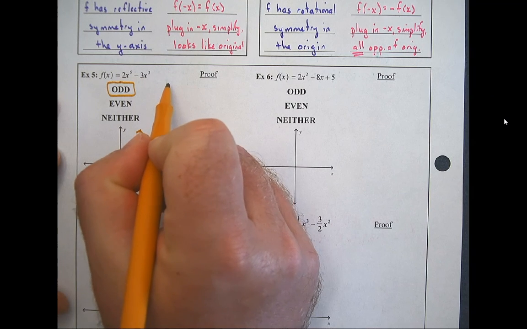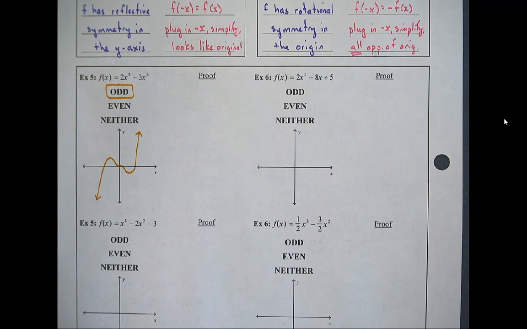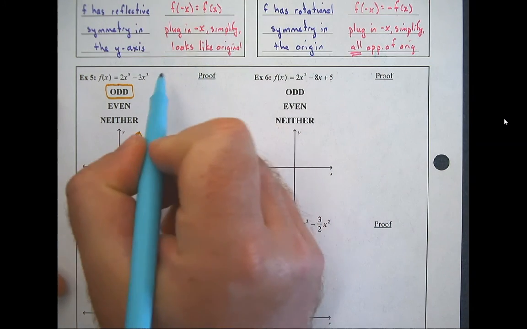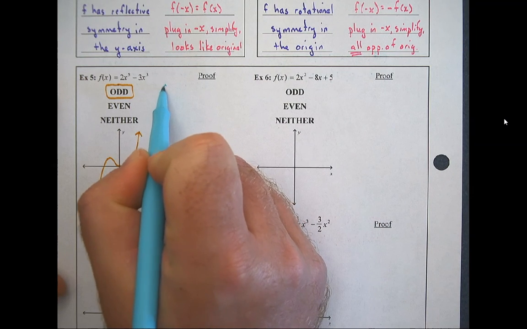So that's f. Maybe I'll pick some different colors here so they'll stand out. So here's my algebraic proof. I take my function and I plug in negative x.